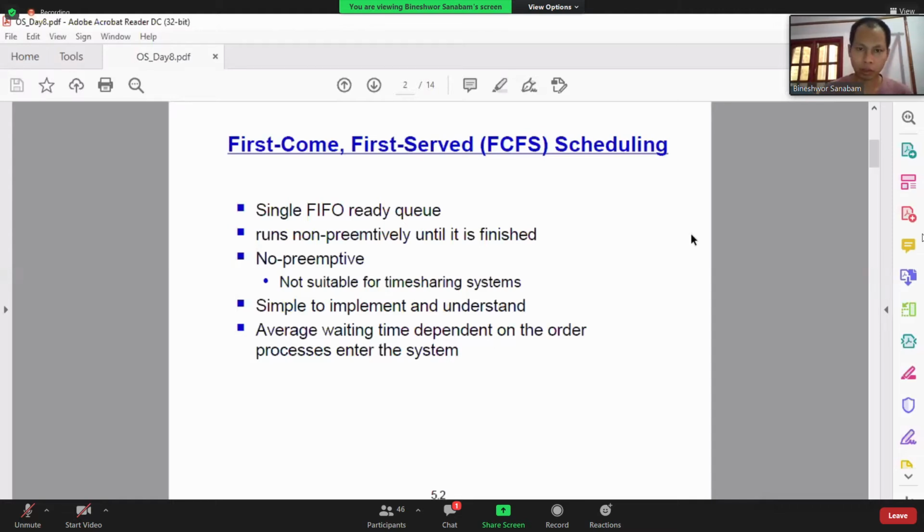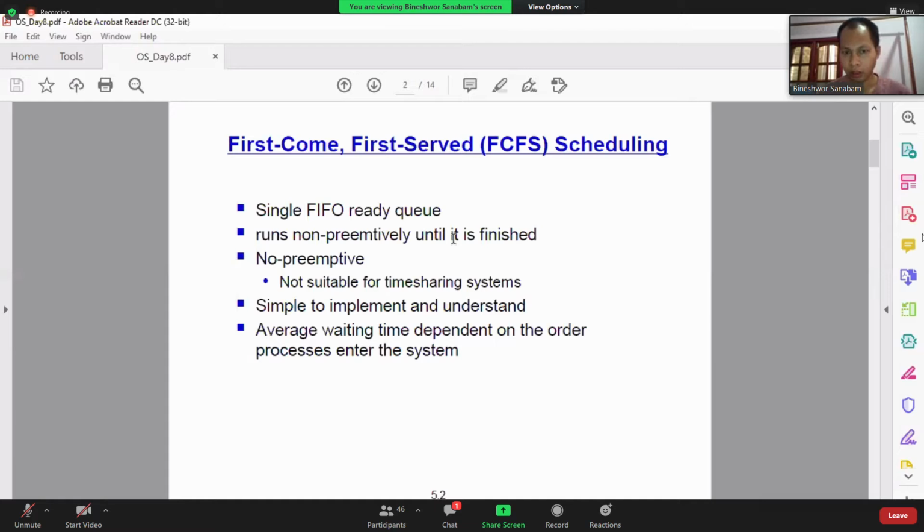If we have two processes P1 and P2, and they come in the order P1 first and P2 second, then the CPU will be given to P1 first. Once it is done, then P2 will be given the CPU. So first come first serve follows a first in first out ready queue. Whatever process comes first, the CPU will be given to that, and once it's done, it will be removed.